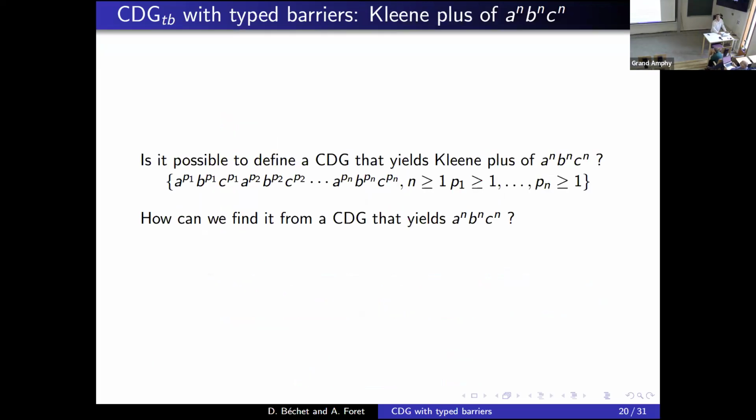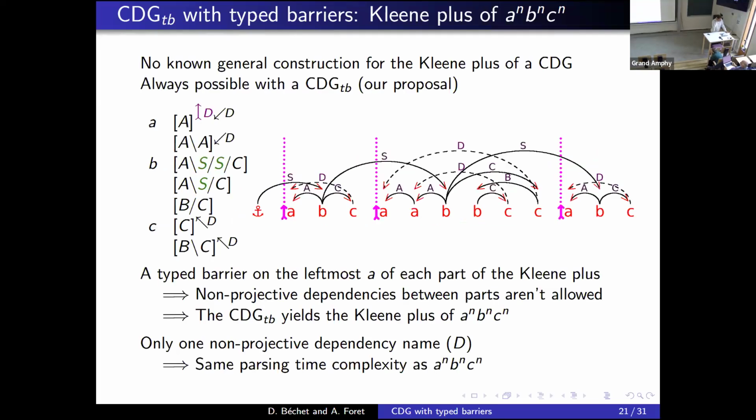It's also the same thing for the Kleene plus, for the same grammar. In fact, we have a very similar grammar for the Kleene plus of EM-DNCM. The only difference is that here we have S S, S, which is different from the previous grammar, which has S and S2.